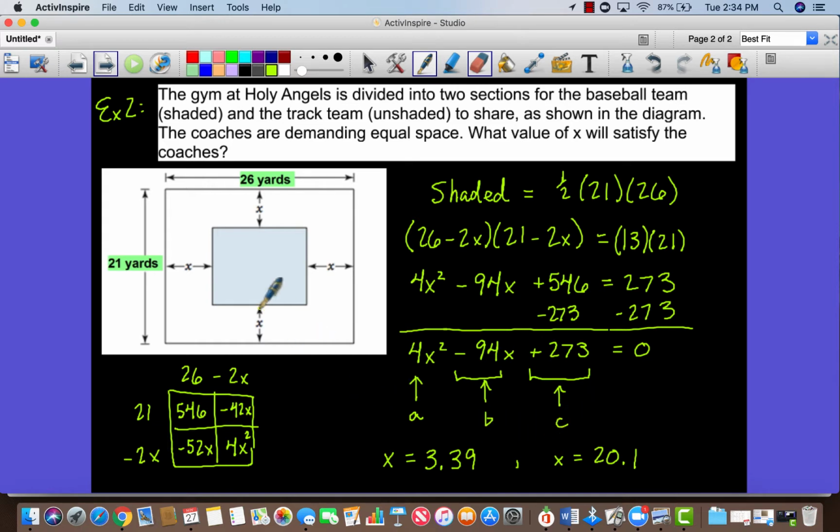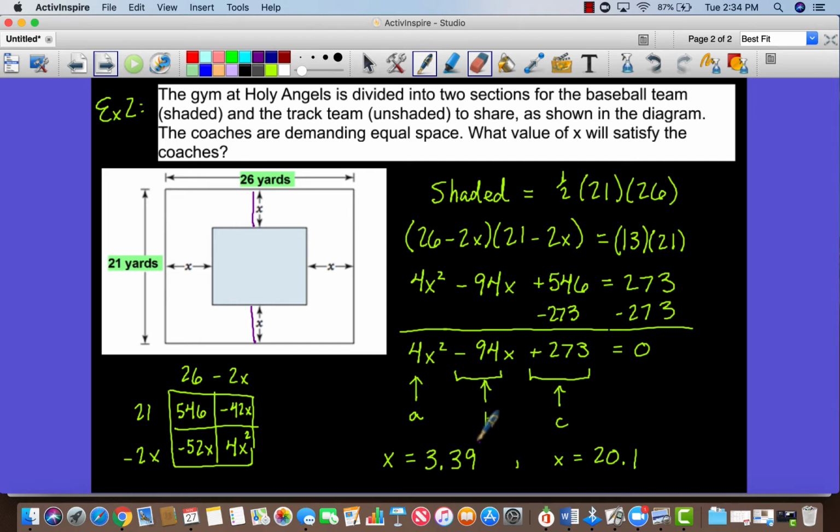And if we just consult our picture here, if x were 20.1 yards, that would have to be this way and this way, which wouldn't fit on a 21 yard length, right? 20.1 yards in both directions would be 40.2, and that would extend past our available space.